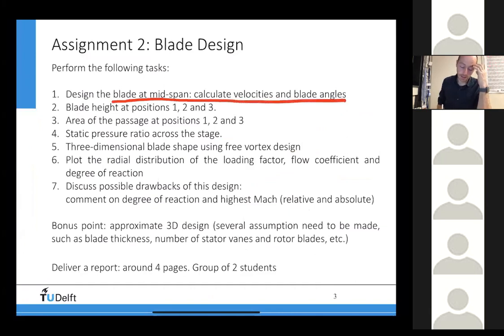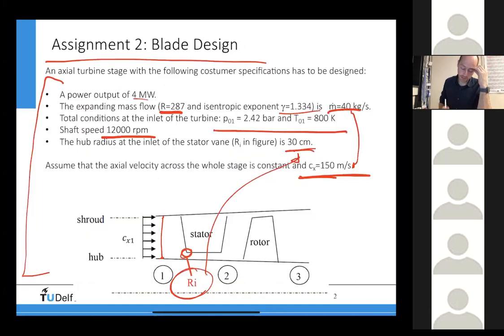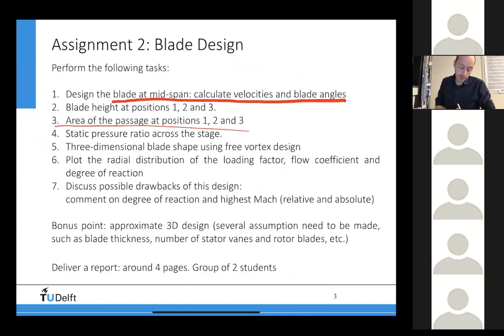Then you calculate the areas at points 1, 2, and 3, if you assume that Cx is constant. The density will not be constant, and that's the reason why the area has to increase, because you're expanding the flow. Then the static pressure across the stage.